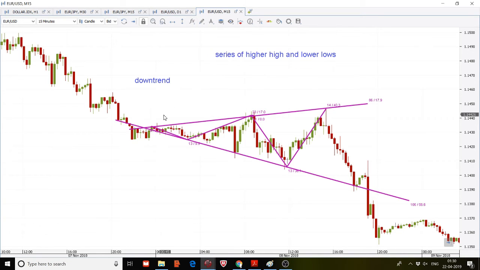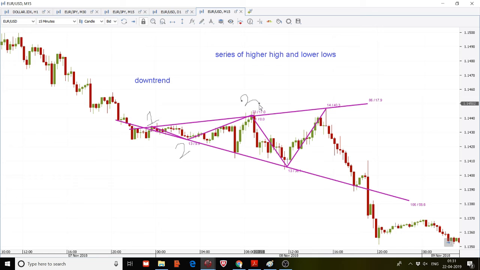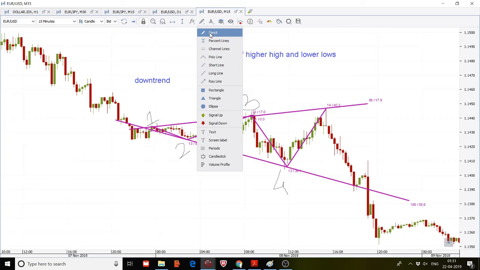I will mark the point so it will be easy for you to remember. This is a 1, this is 2, 3, 4th and 5th.